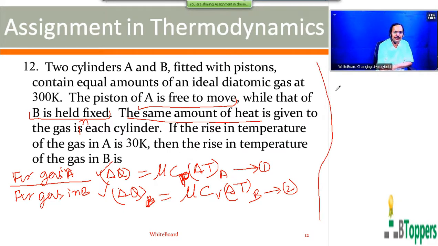Therefore, the left hand side is the same in both equations, and we can equate the right hand sides of the two equations.